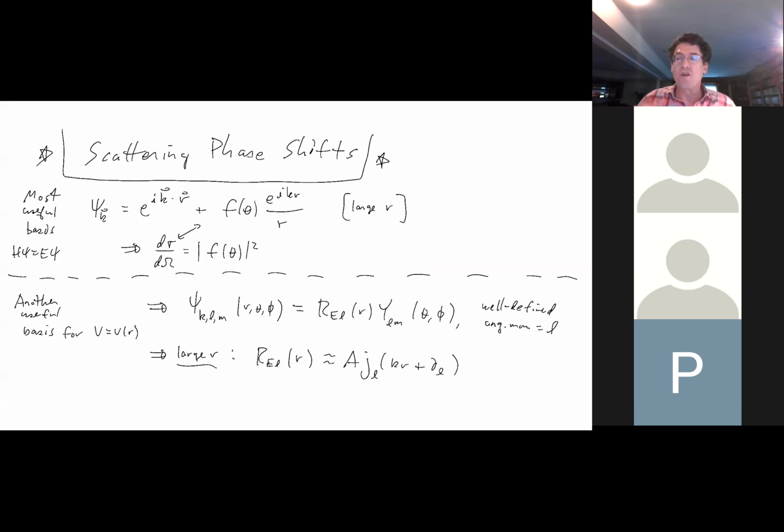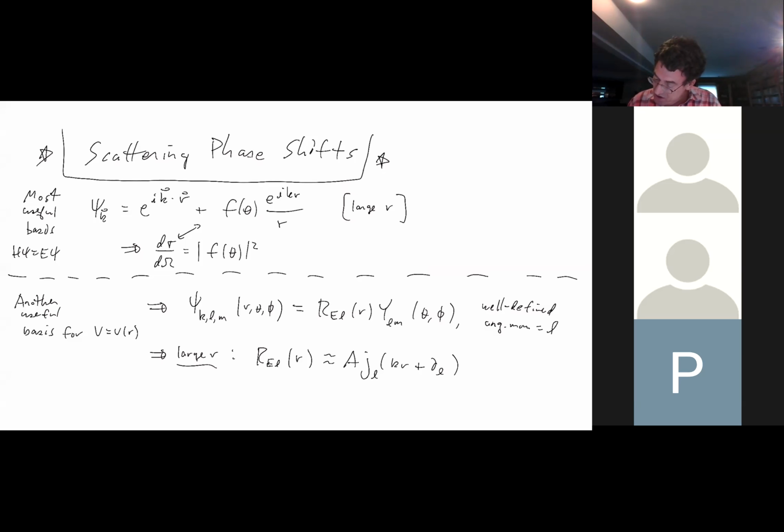That's because far from the potential, the particle doesn't feel the potential; it is free. So the free particle wave function is a spherical Bessel function, but because the wave function got sucked in a little bit at small r, the phase is slightly shifted. And that is reflected even far away from the potential. We still have that phase shift.